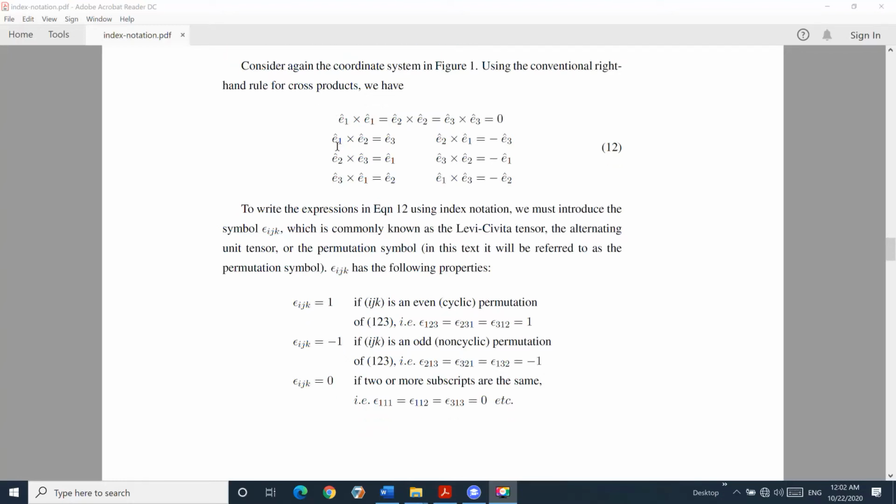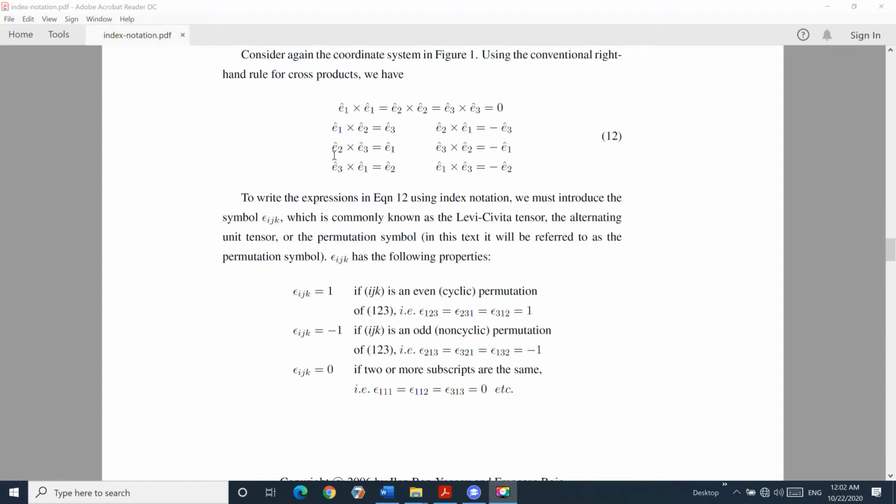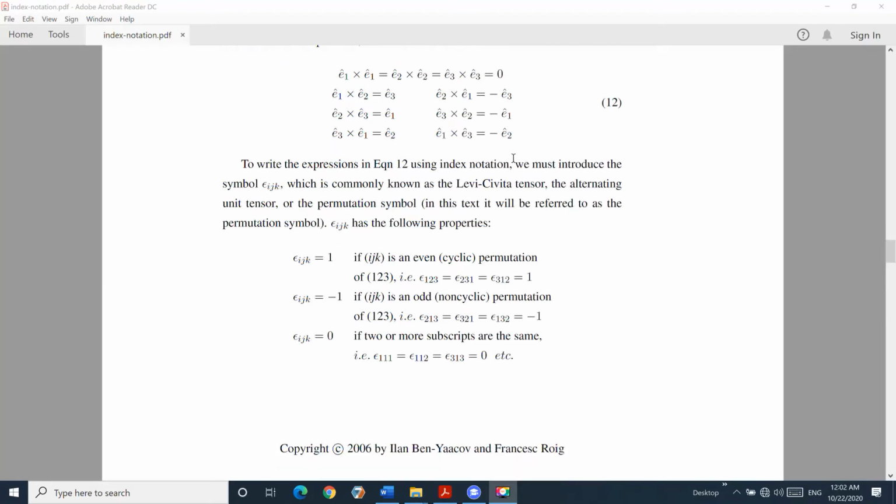But the cross product of E1 and E2 gives E3, and the cross product of E2 and E1 gives minus E3. Using the right hand, the finger points in the other direction, which is why it's minus. The cross product of E2 and E3 gives E1, and E3 and E1 gives E2. Otherwise it gives the minus values.